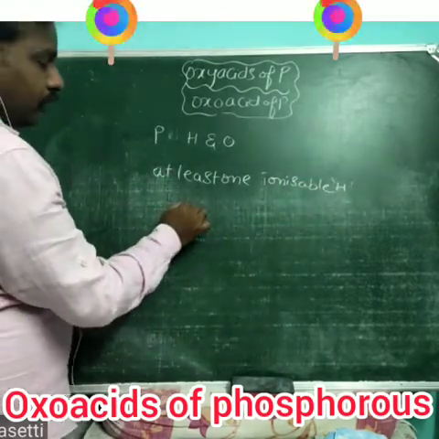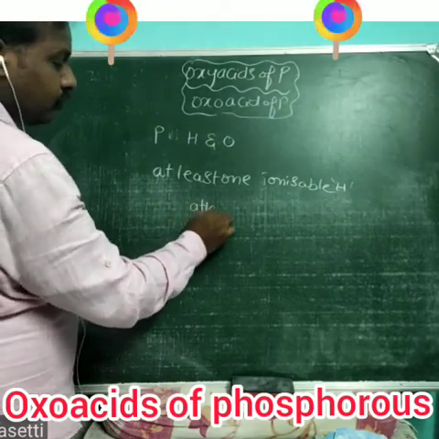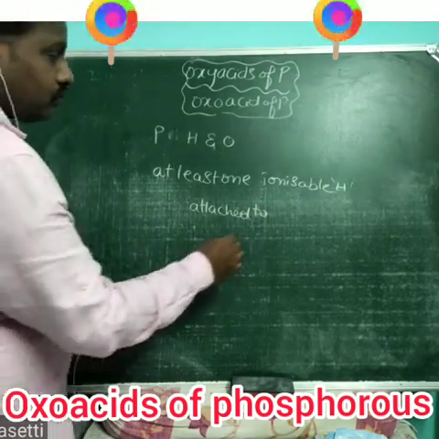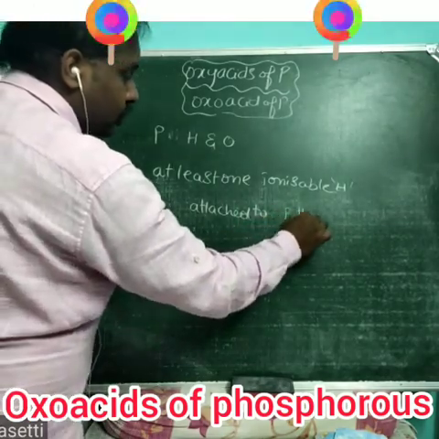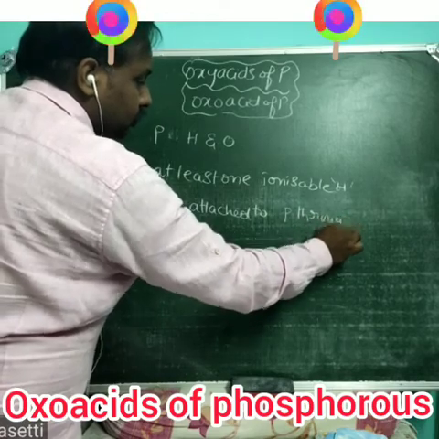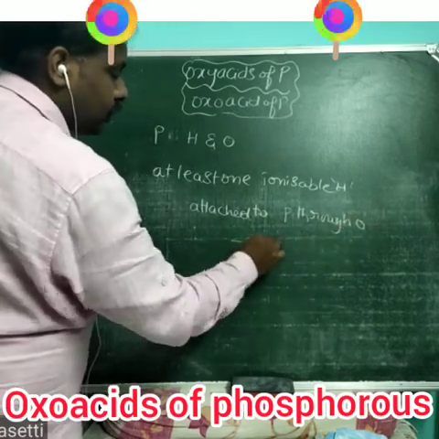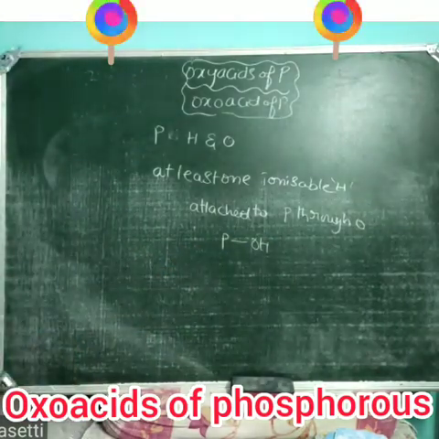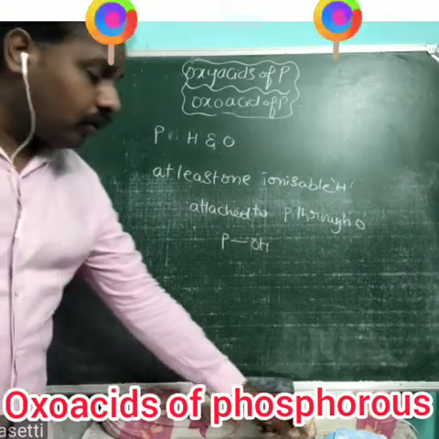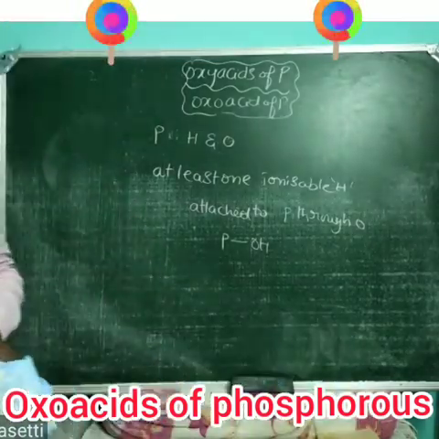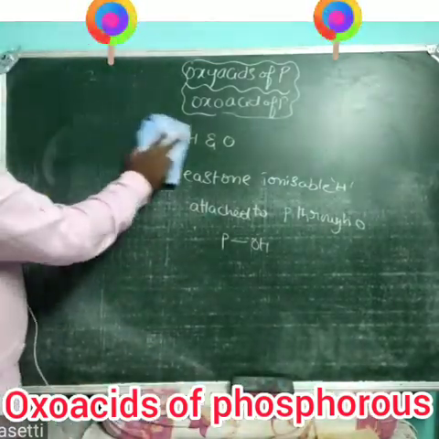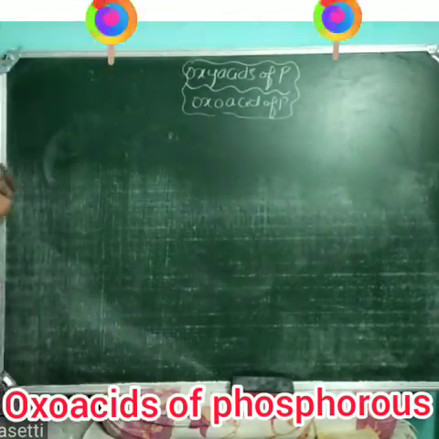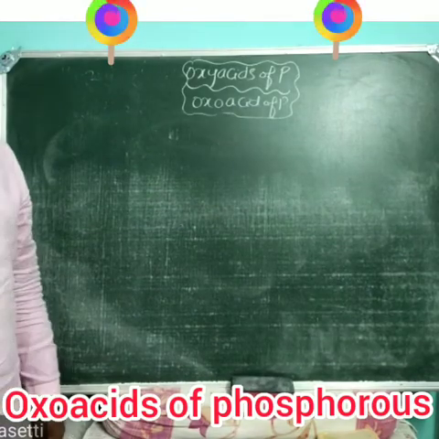That ionizable hydrogen is attached to phosphorus through oxygen. So such types of compounds are called oxyacids or oxoacids. Phosphorus can form a variety of oxyacids.